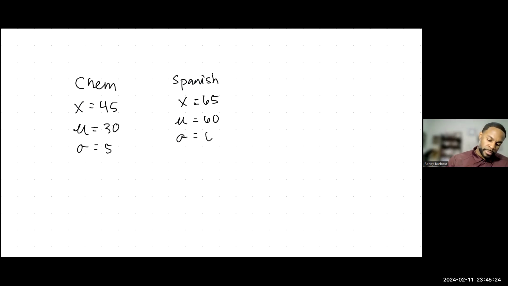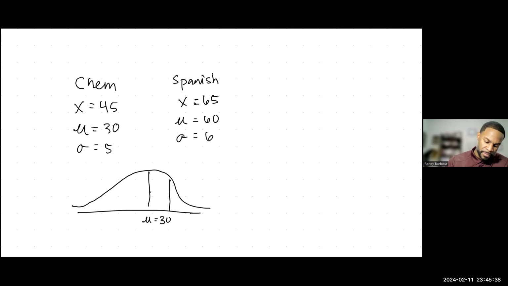So again, with the Chem, I know this is the mean of 30, standard deviation of 5. Okay. So if you want to go ahead and do it, you can do the Z-score.